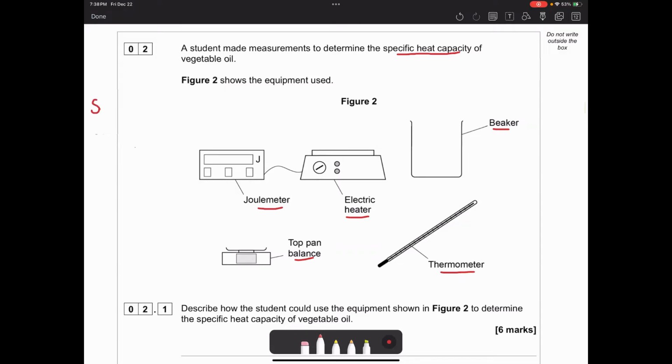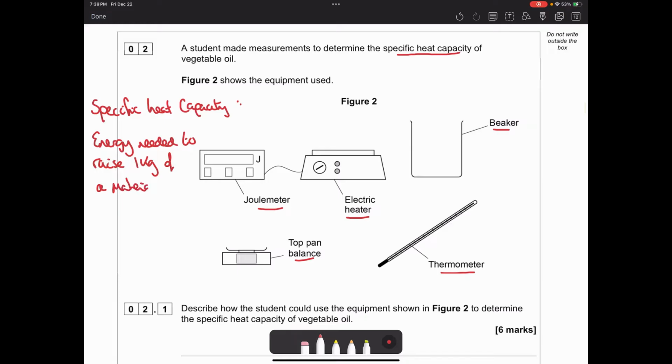You should remember specific heat capacity, the definition of it is the energy needed to raise 1 kilogram of a material by 1 degree Celsius.